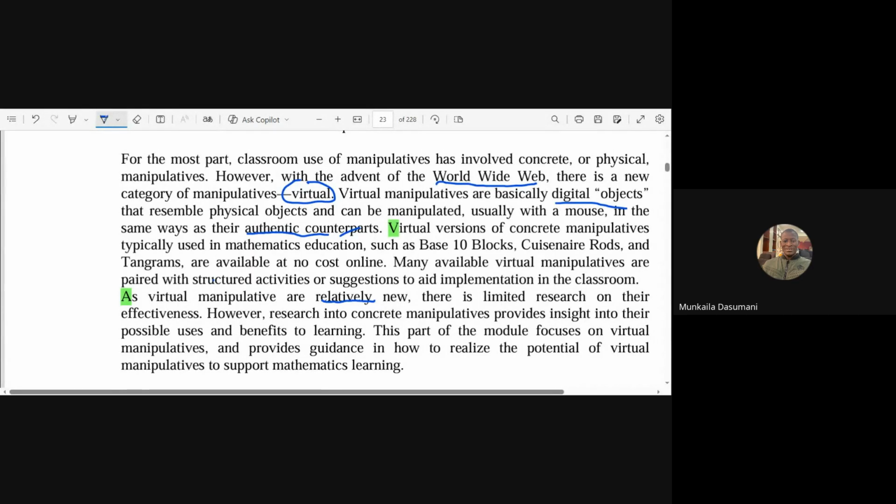But can somebody tell me, apart from one being physical and one being online, or the digital aspect, do you have differences between the two? Because the authentic counterparts is referring to the physical manipulatives. In the same way we use the physical manipulative, you can also use the virtual one by using your computer to navigate or to turn it and use the mouse to show the students.